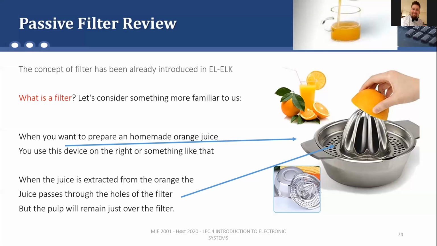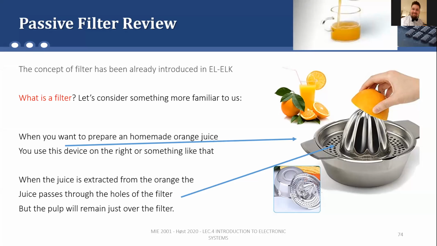Let's start from very simple things. What is a filter? There are many types of filters in your daily life, not only electrical filters, but also mechanical filters and other filters that you actually see every day, but maybe you don't call them filters.